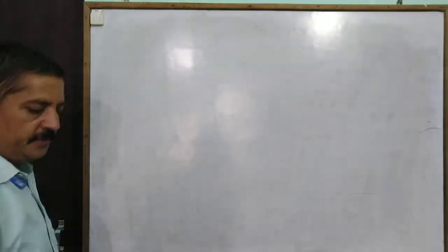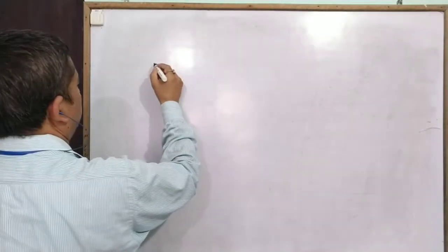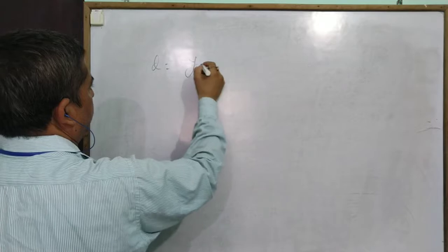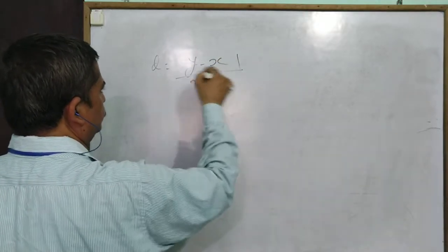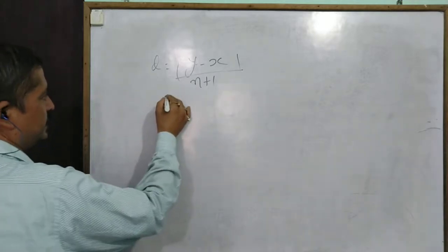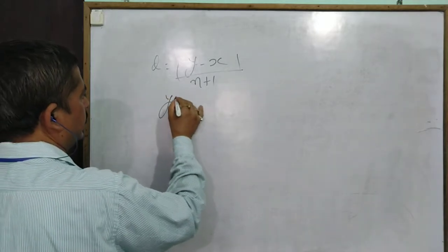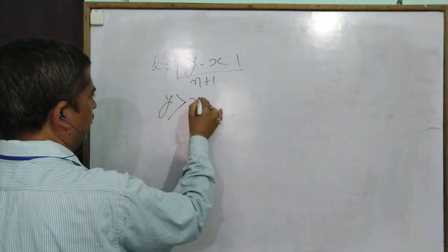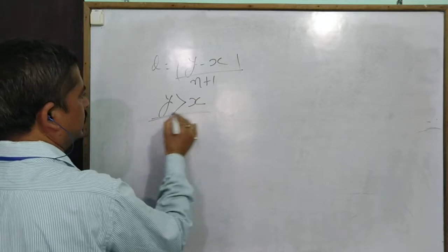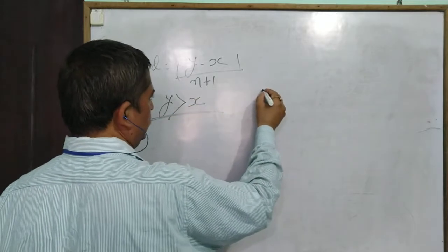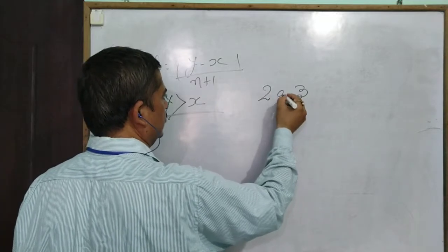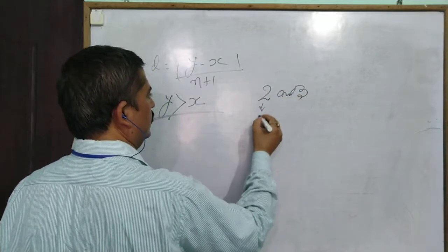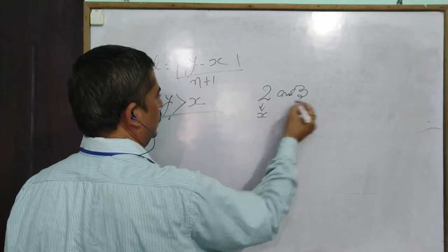The formula given in your book is (y minus x) divided by (n plus 1), where y is greater than x. So the two numbers are given, just like 2 and 3, so x and y.